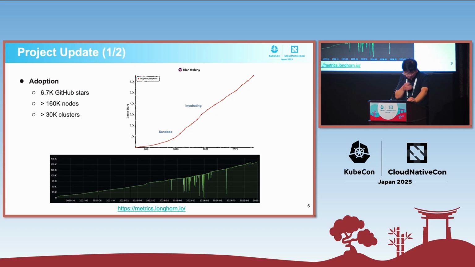And if I remember correctly, there are some clusters with a lot of nodes, several hundred. So the clusters have been running for several years. So Longhorn is very stable for production environments.